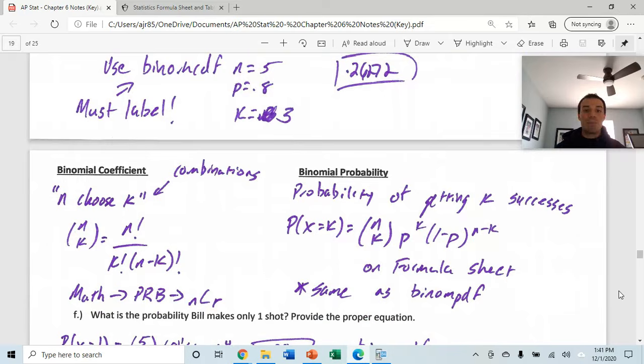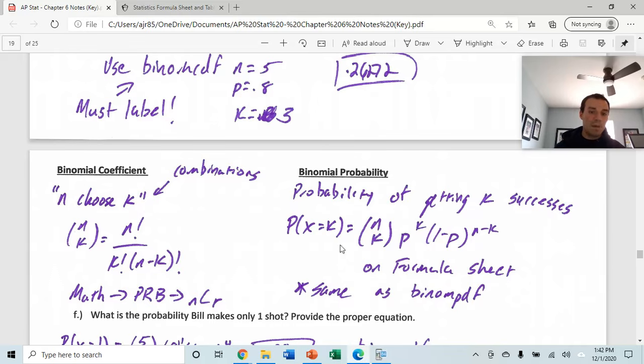You can do this by hand, okay? We have a binomial probability calculation by hand that we can use. This is on the formula sheet. It says the probability that X is equal to K is equal to N choose K in parentheses, P to the K times 1 minus P to the N minus K. It looks like a bit of a complicated formula, but it is not that complicated in reality.